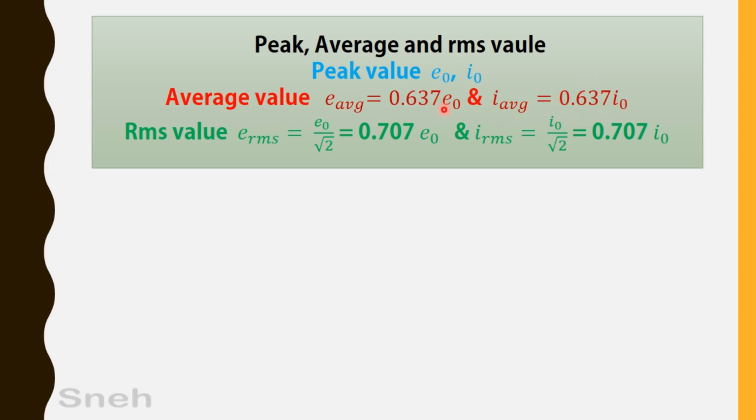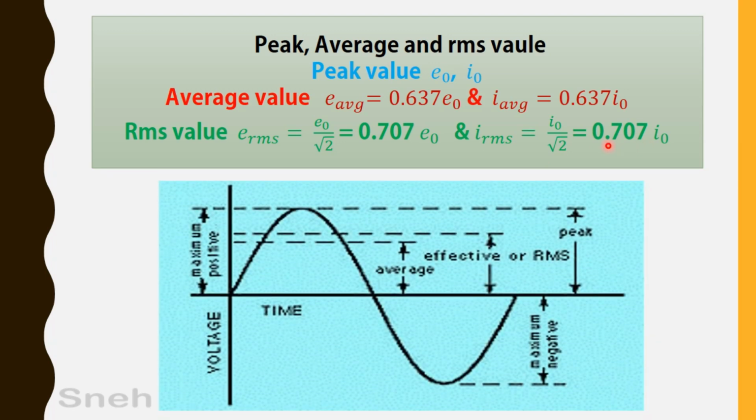I0 or E0. Then the last is RMS value, that ERMS is equal to E0 by root 2, that is equal to 0.707 E0, and IRMS is equal to I0 by root 2, that is equal to 0.707 I0.